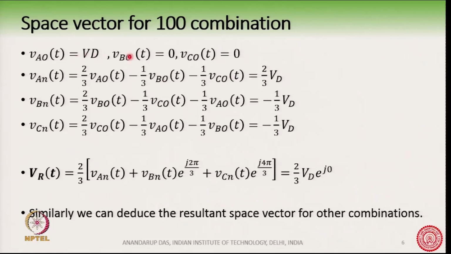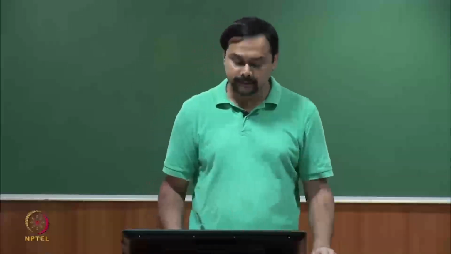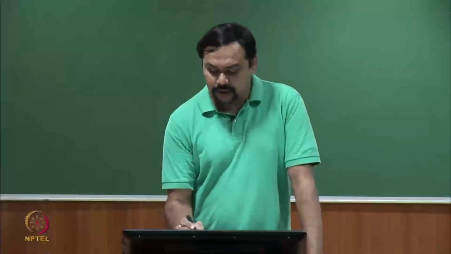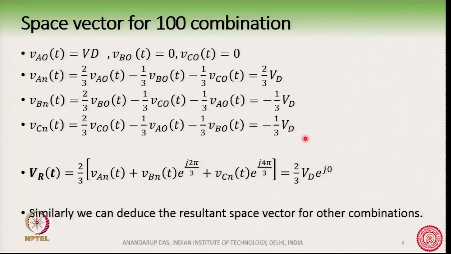If you substitute these values, we see that VAN is 2/3 VD here, and similarly, substituting for VBN, which is 2/3 VBO minus 1/3 VCO minus 1/3 VAO, we see that VBN is minus 1/3 VD and VCN is similarly minus 1/3 VD. Okay. So, these are the instantaneous load phase voltages VAN, VBN and VCN, and their values are 2/3, minus 1/3 and minus 1/3 VD.